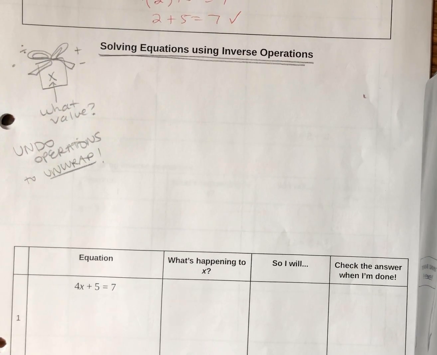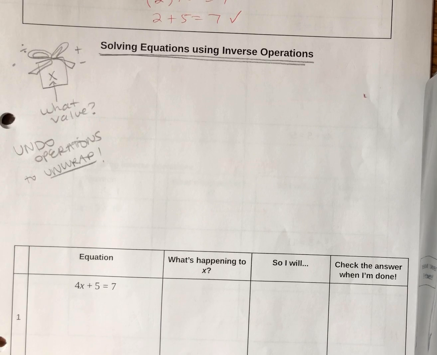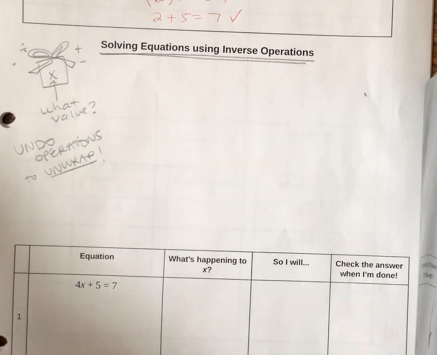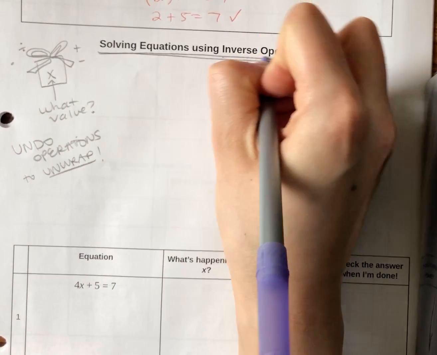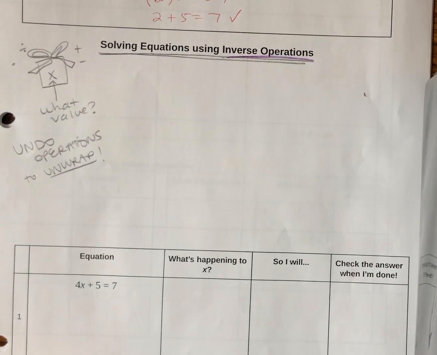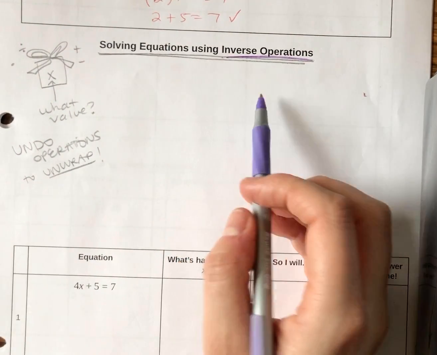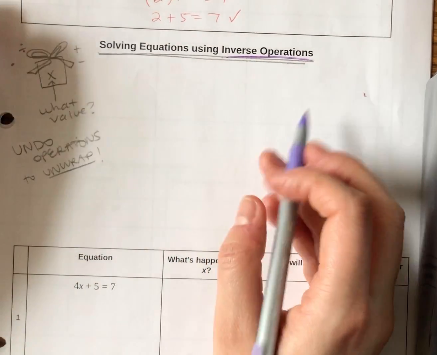Well, how do we undo operations? If I see a problem that has adding going on, how am I going to undo it? So we like to think about our inverse operations as how we can undo our operations in an equation. The inverse operations are things that we already know.